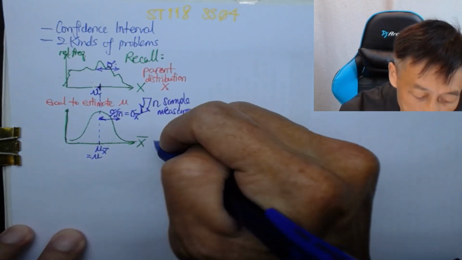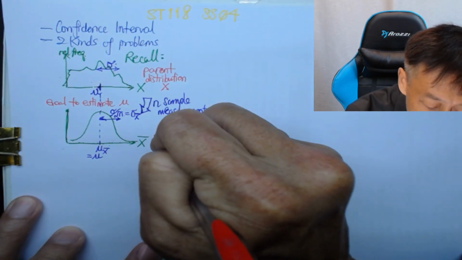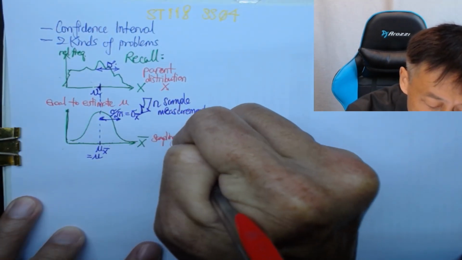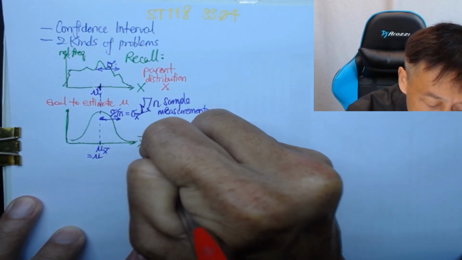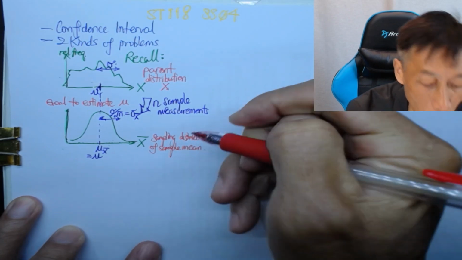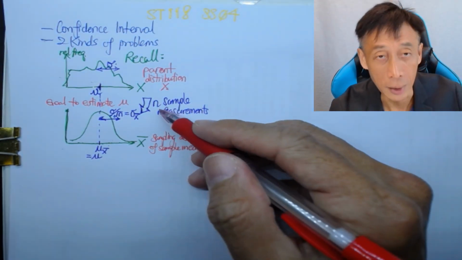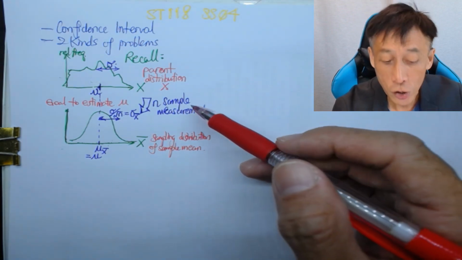So X bar. Just to put it back in the same color, the sampling distribution of sample mean of size n. But n in these discussions is often clear because n doesn't change.